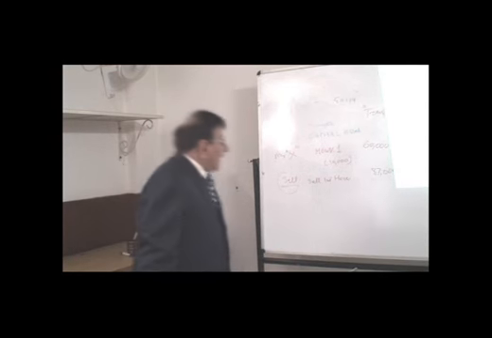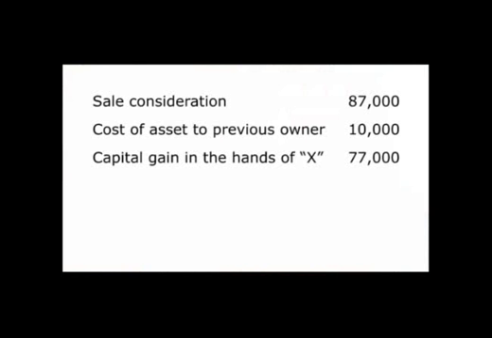At the time of the sale, if he is getting 87,000 after 6 months, then the cost of asset to the previous owner, 10,000, which was paid by the HUF, will be the cost to him also. So 77,000 capital gain he will have to pay.